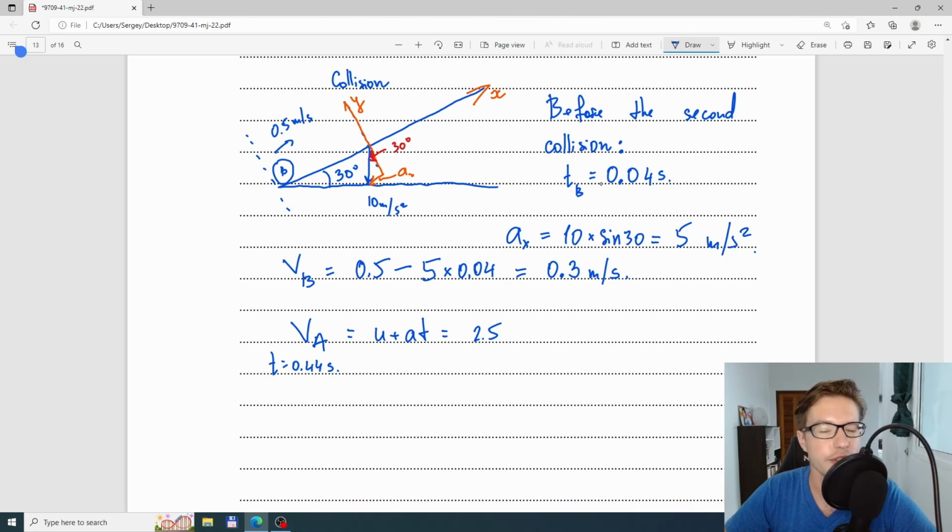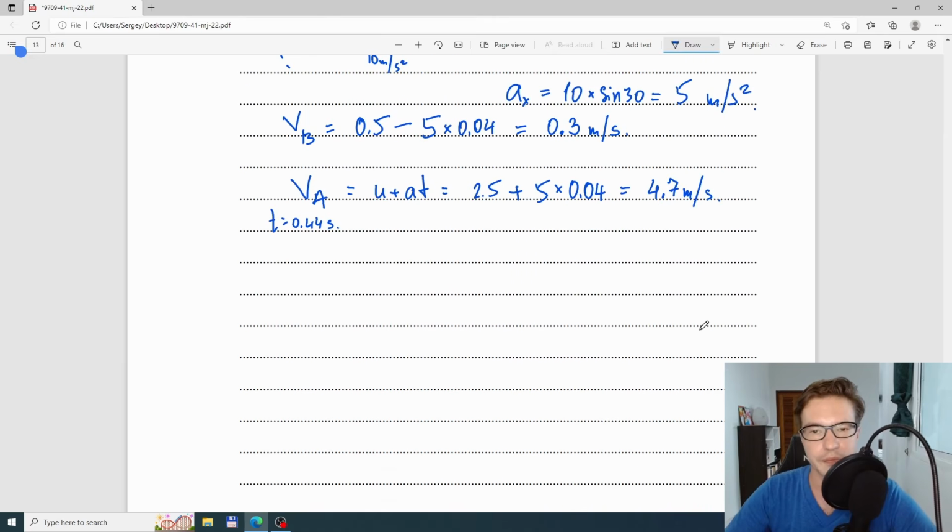Now, the velocity of A is increasing because it's going downwards, down the hill. So plus 5, that's the x component of acceleration, times the time, 0.04. And I got 4.7 meters per second. Okay, so those are velocities right before the collision.